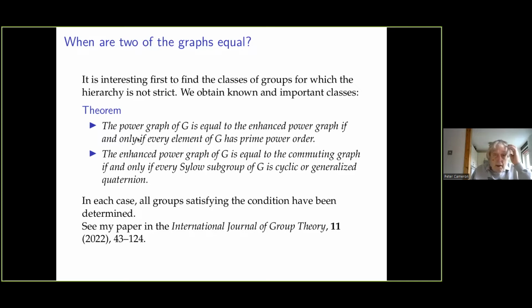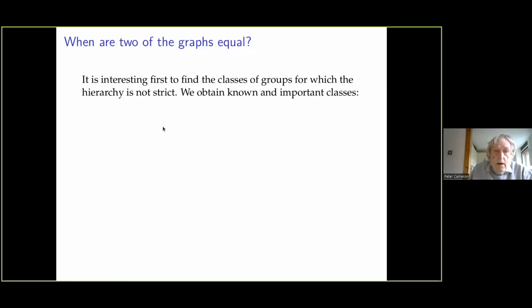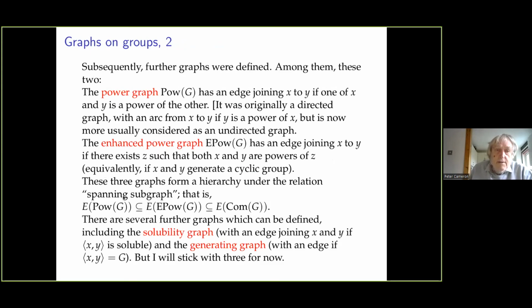The next question that you might ask, which I'm not going to be talking about much, is this: for most groups, all three graphs in the hierarchy are different. So you could form a graph whose edges are the edges of the enhanced power graph which are not edges of the power graph, or edges of the commuting graph which are not edges of the enhanced power graph.